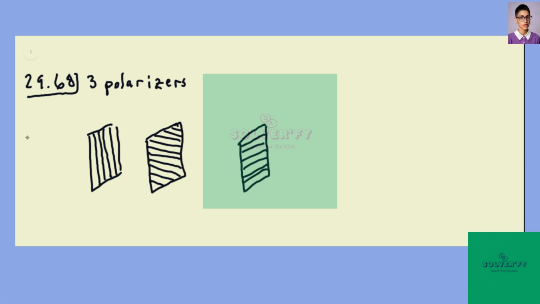So if we imagine we have an incoming beam of light, if it's unpolarized, we can say that it consists of components that are polarized vertically and horizontally.